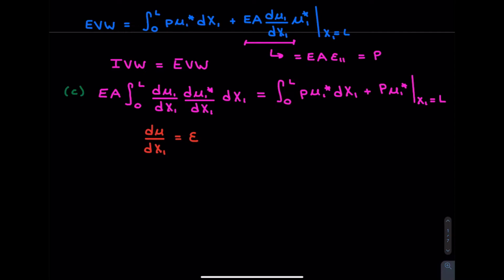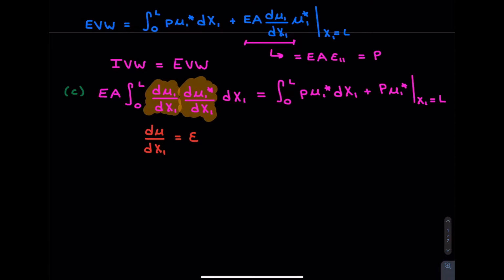So remember up here, we took this du with respect to x1, and we said that that is actually equal to the strain. We did that in the external virtual work. However, we can also use that relationship in the internal virtual work, because as we can see, we have two parameters right there that are du's with respect to dx1.